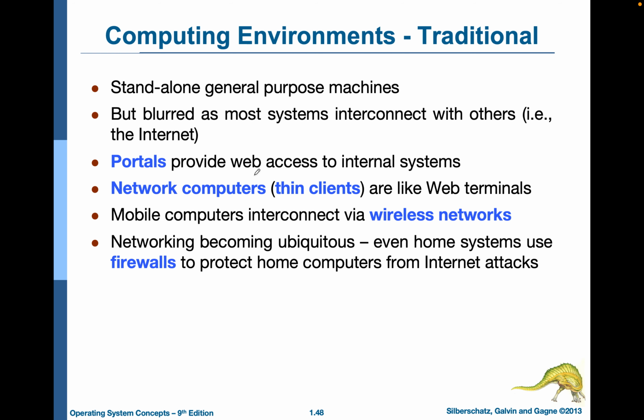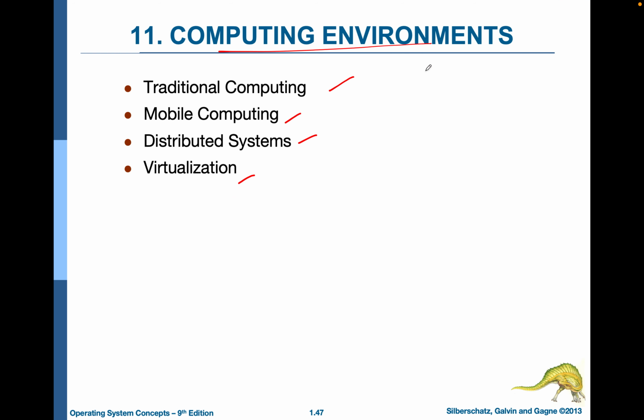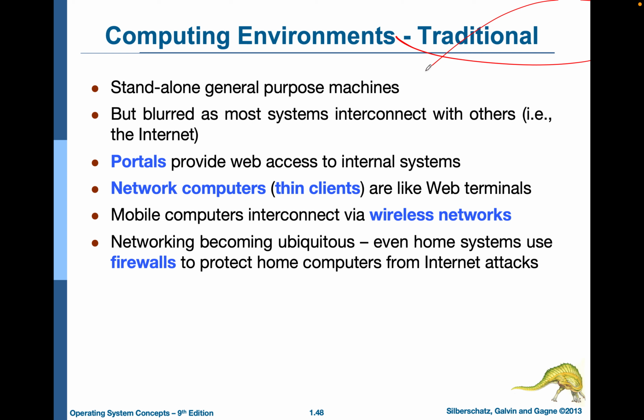Let's take a look at them one by one, first the traditional computing. What is traditional computing? It is standalone general purpose machines, but blurred as more systems interconnect with others, especially, for example, the internet.